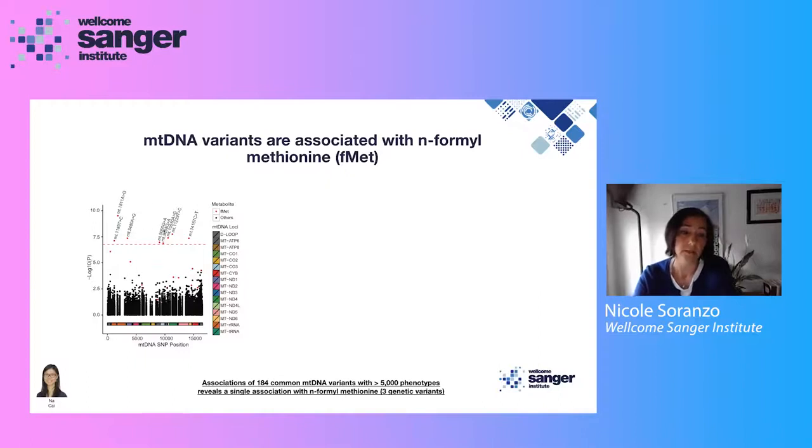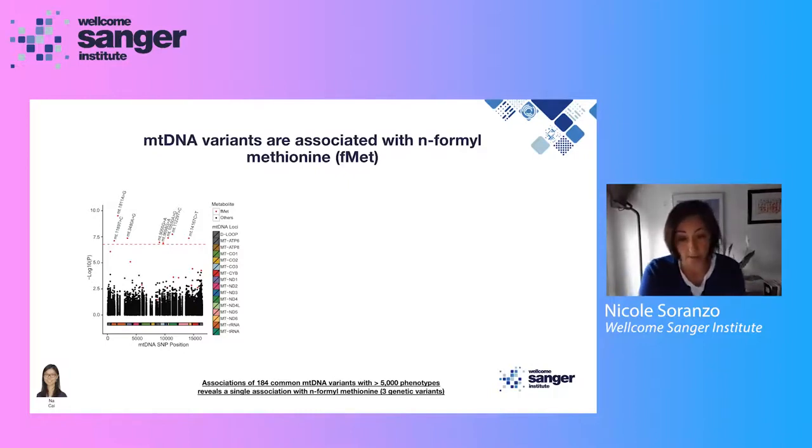As you can see, the top associations surpassing genome-wide significance are few, and indeed they are all observed with a single metabolite called N-formylmethionine, or fMet for short. So although we were a little bit disappointed that it was a single association, this turned out to be extremely interesting.